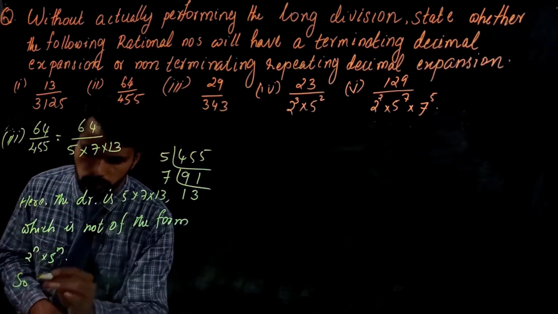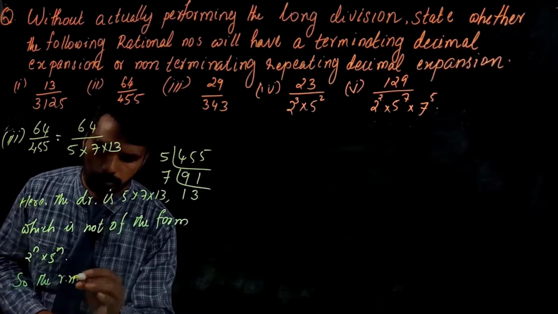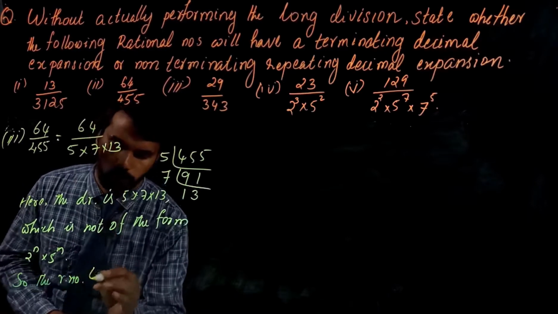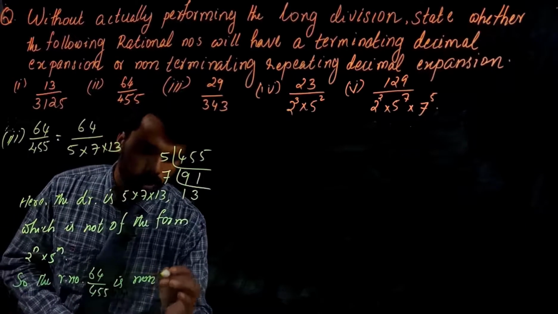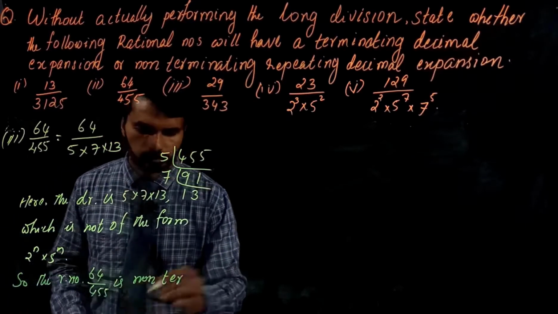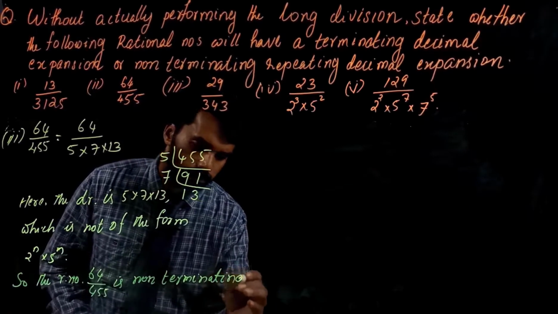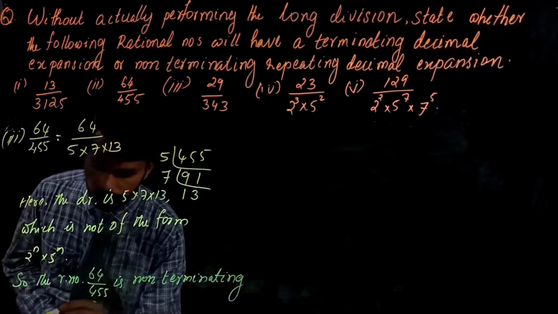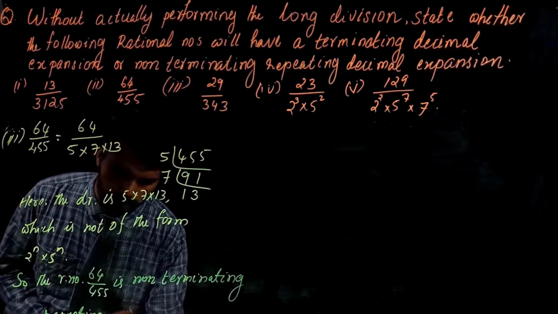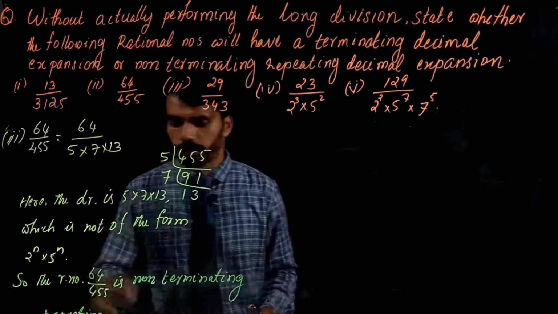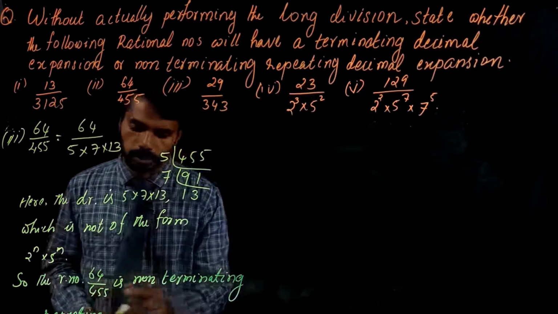So the rational number 64 divided by 455 is non-terminating repeating. Its decimal expansion is non-terminating repeat.